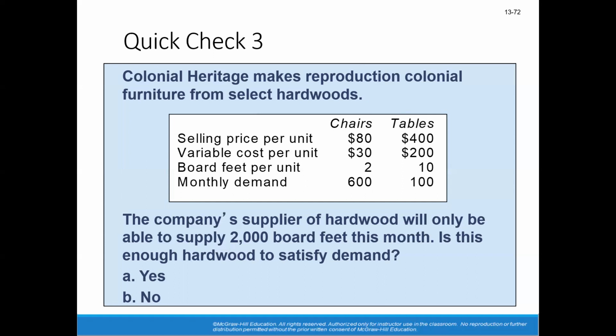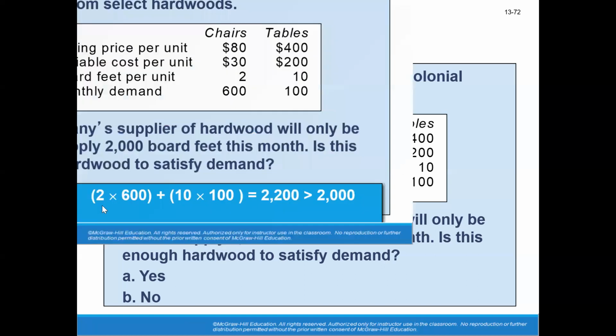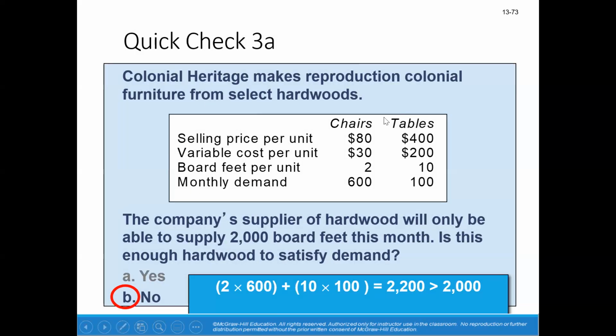What do you think? No. We've got 2 times 600 plus the 10 times 100. We would need 2,200. We've only got 2,000.